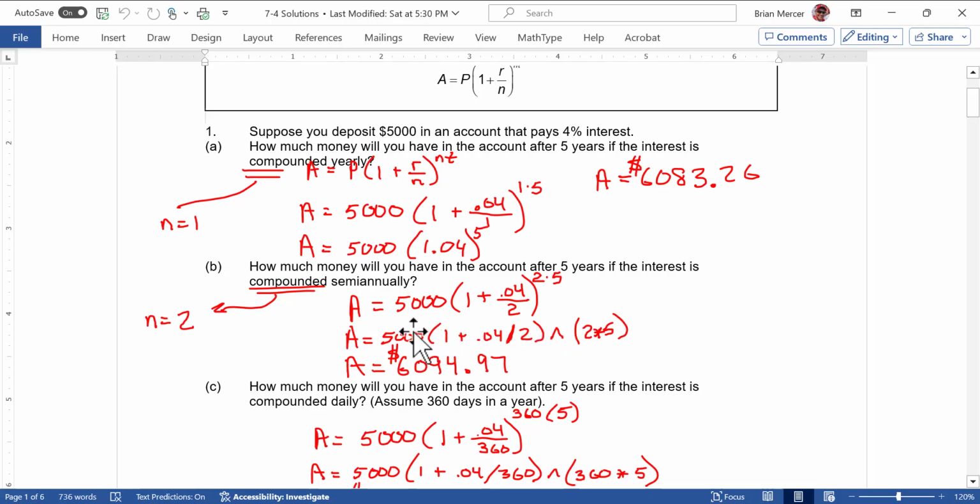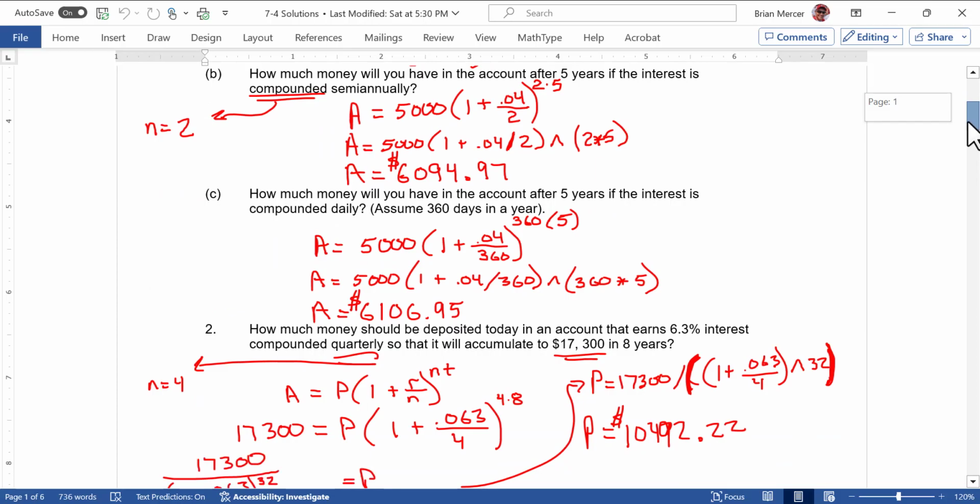So you could type 5,000 times parentheses 1 plus 0.04 divided by 2, close the parentheses, raise that to the, and then you have to put 2 times 5 in parentheses. Failure to put this in parentheses will cause lots and lots of mistakes. The other way to avoid that mistake is to multiply 2 times 5 and just get 10. If you raise it to the 10th, then it won't cause a problem. So that's just something important to point out.